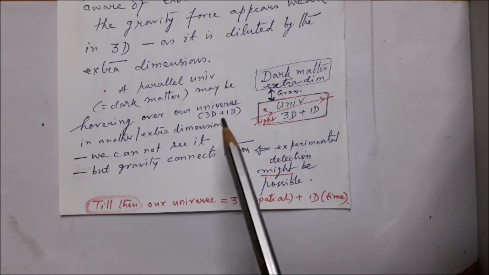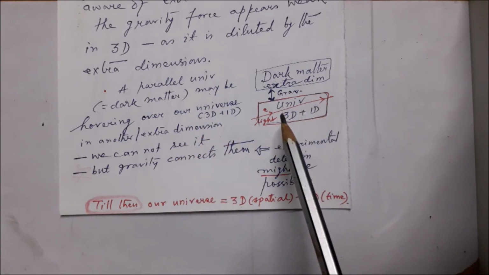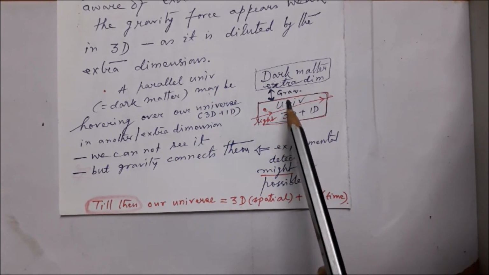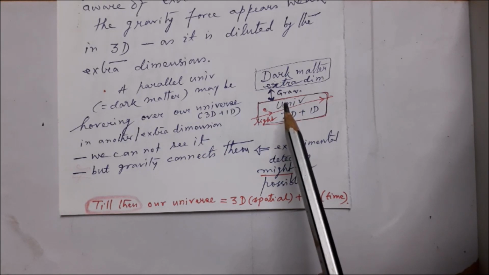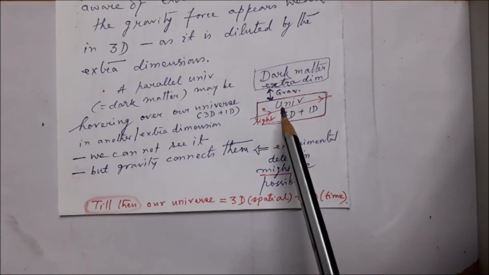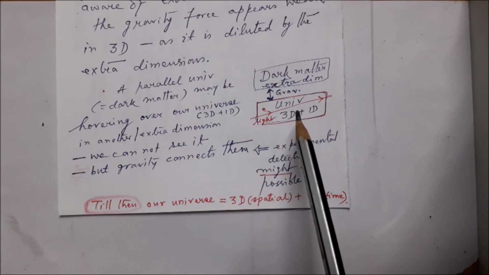We cannot see the parallel universe since light cannot connect with it, but gravity can communicate, and hence an experimental detection through the measurement of gravitational effects of the parallel universe on our universe can be done. At least theoretically it is allowed.